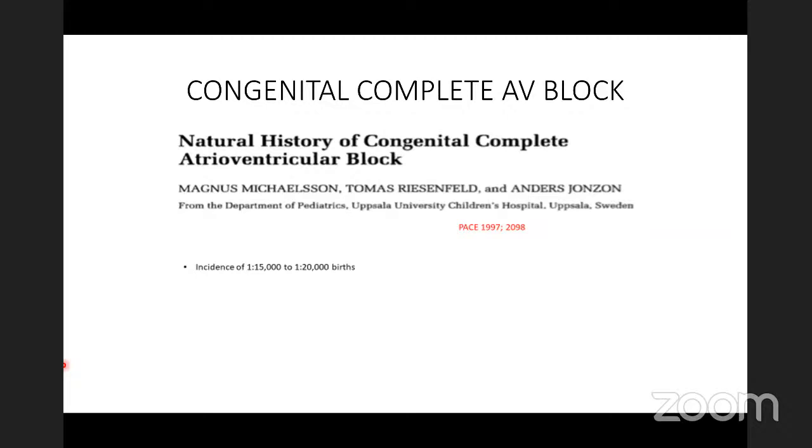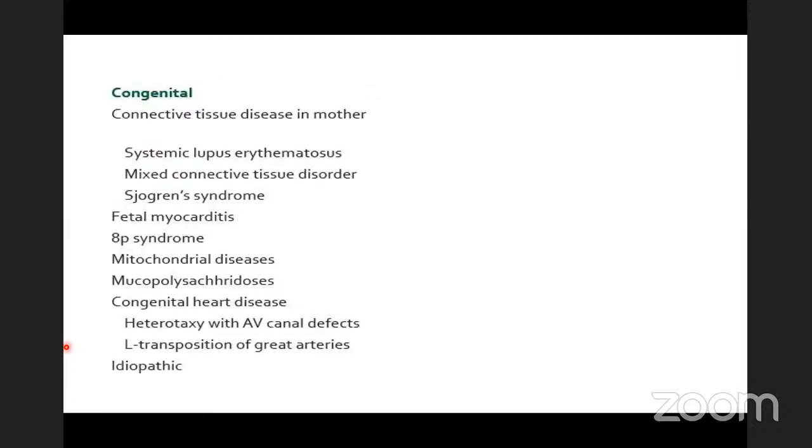And usually those congenital complete AV blocks are associated with maternal SLE or other autoimmune or connective tissue disorders. Most of the time mothers are asymptomatic and are diagnosed after the baby is diagnosed with heart block. So what are the main causes of congenital heart block?